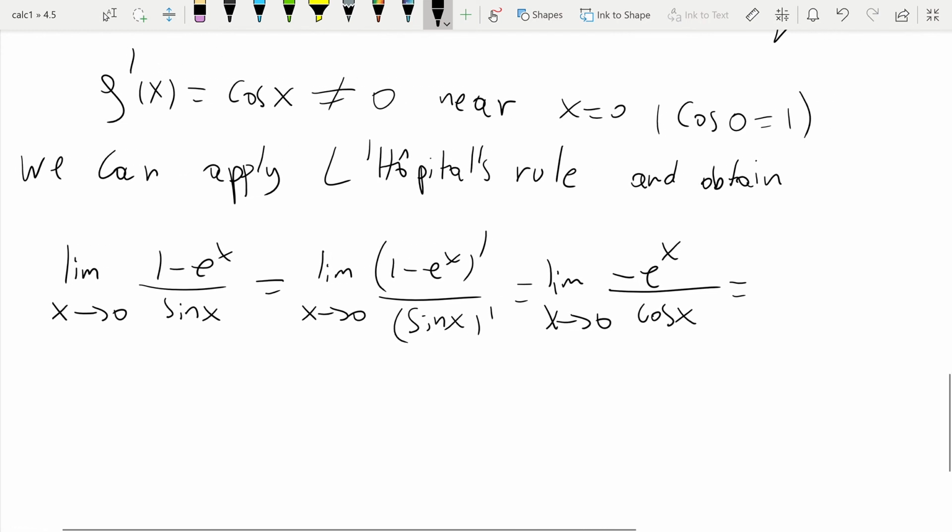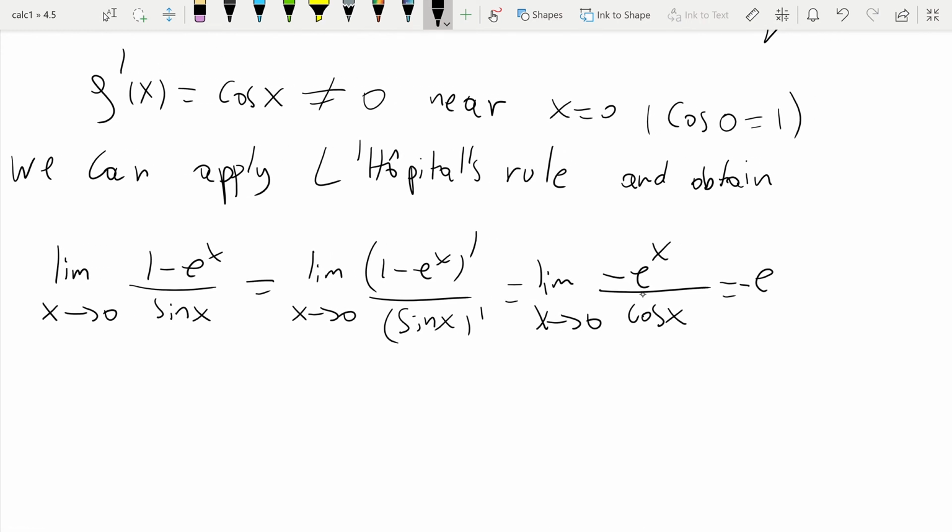So this would be equal to minus e to the 0 divided by cosine of 0, which is then equal to minus 1 divided by 1. So in the end, this whole thing is equal to minus 1.